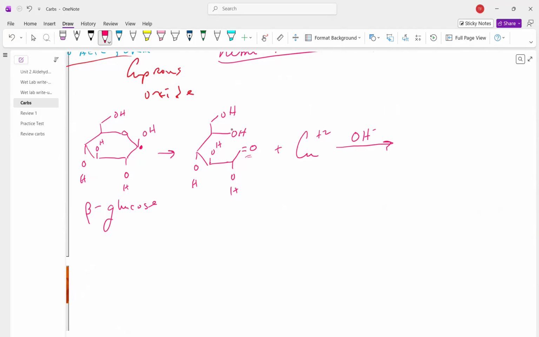Okay, so what's going to happen? Now remember, there's an H here. And oxidation in organic chemistry, we're going to lose a hydrogen. All right, so that's what's going to be oxidized, that loss of the hydrogen there. So we're going to redraw this.